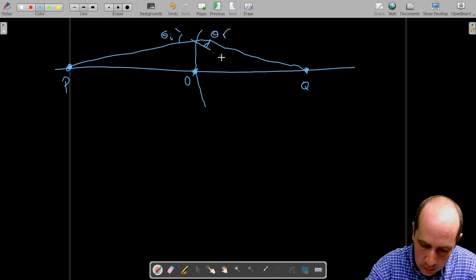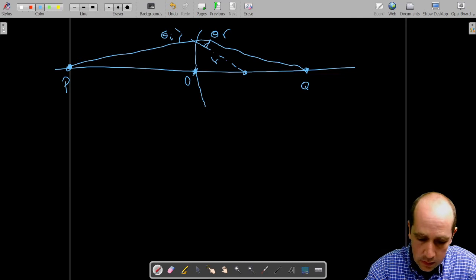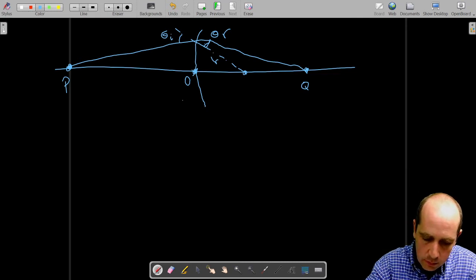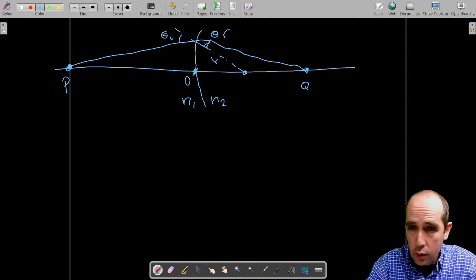Again, if we just continue this line over here, that's the radius. And so on and so forth. And let's say the medium on the left has a refractive index of 1, and the medium on the right has a refractive index of n2. Okay.